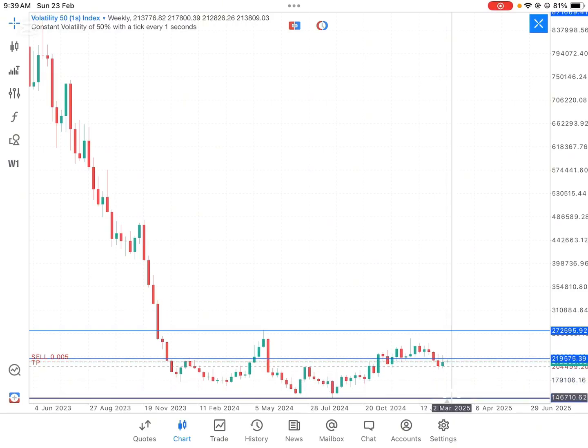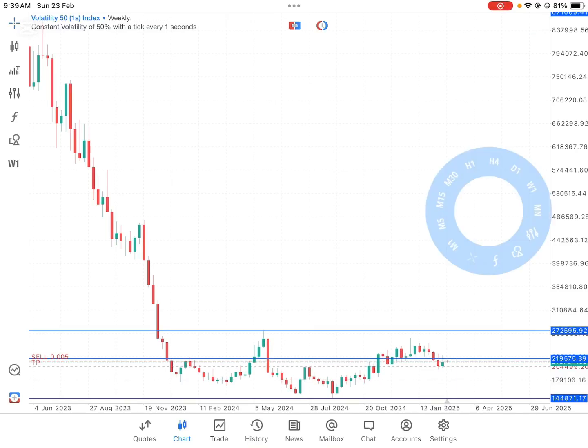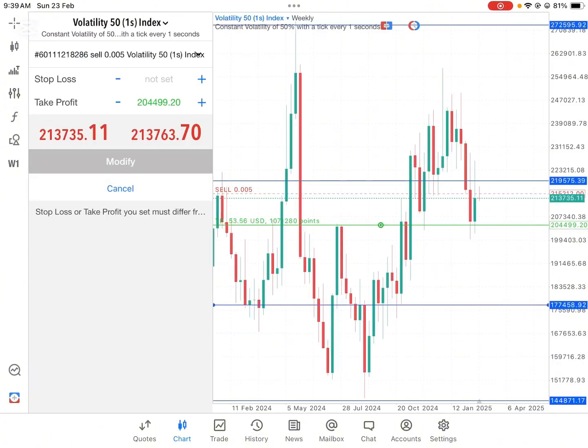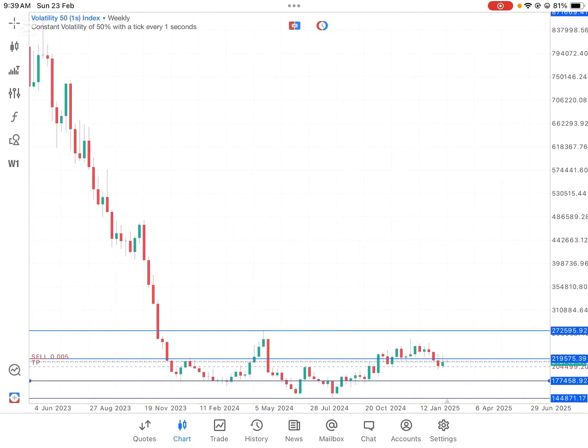We might break it, and we might not, but we don't need to aim too high, we just need to aim at this level. At that level is where we could put our swing TP, and that was 177458.